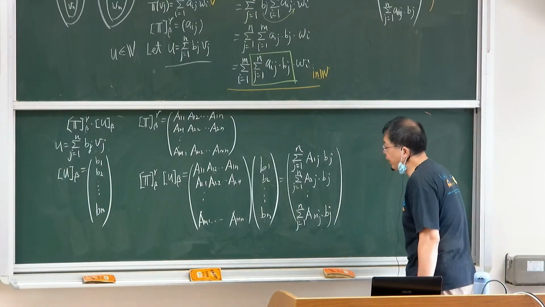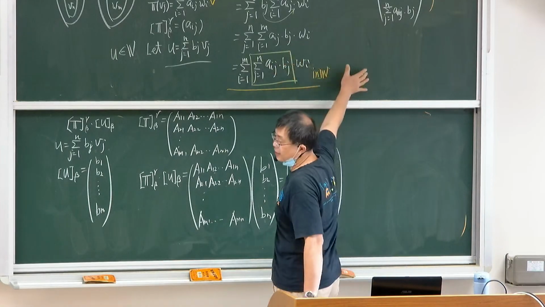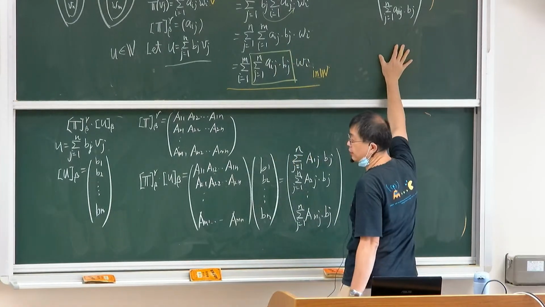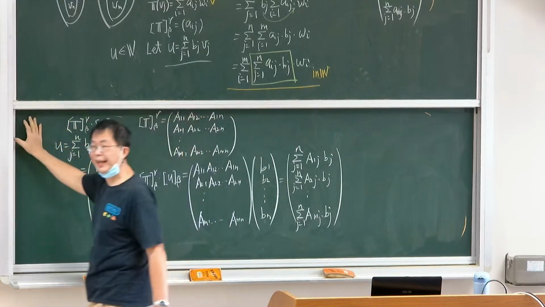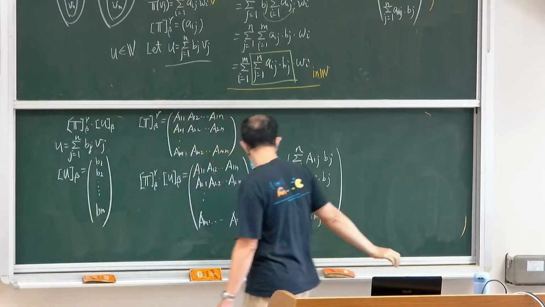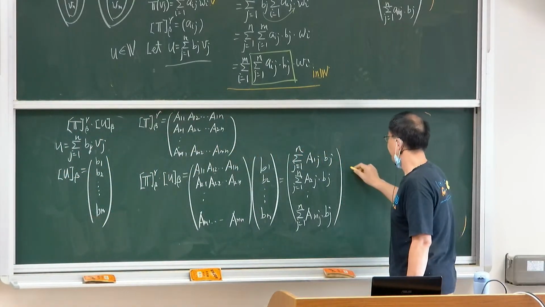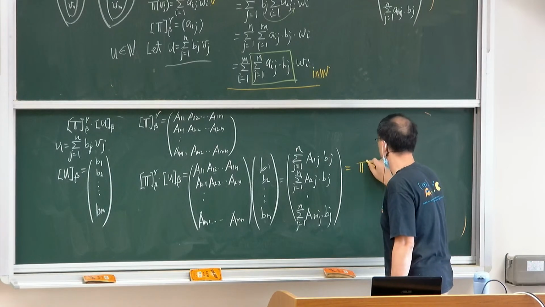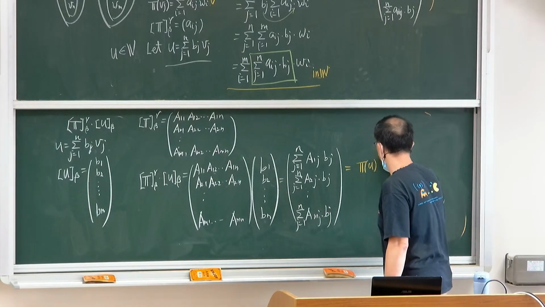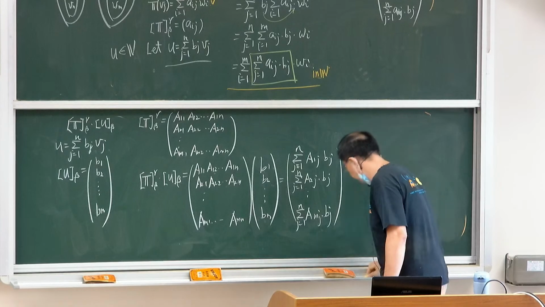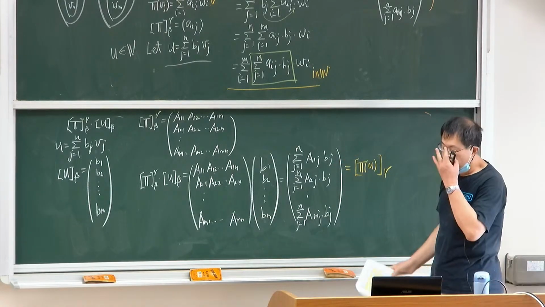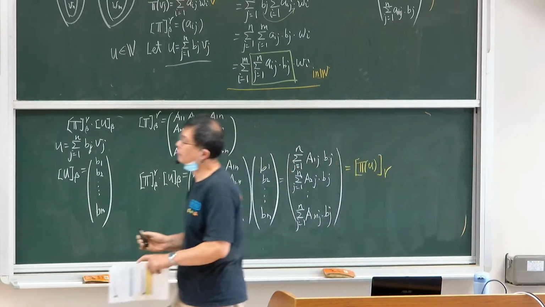So we just compare the result of the left-hand side and the result of the right-hand side. Then we find that they are identical. So we get this result.